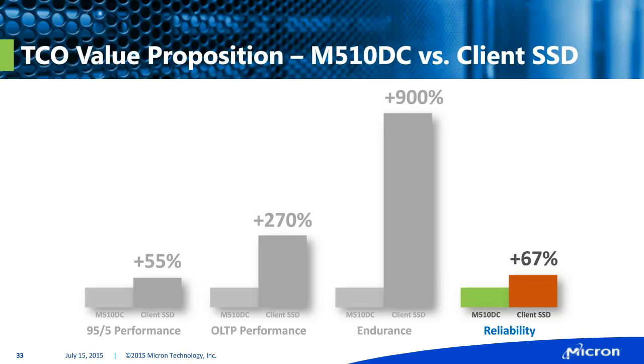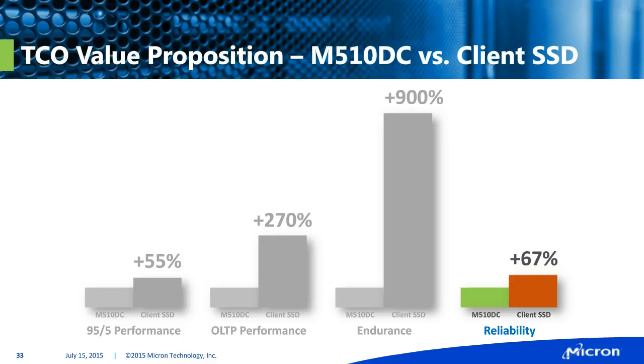The final look we have here under the TCO value prop is the metric around reliability. The M510DC, as you mentioned earlier, is going to be 67% more reliable than your industry-leading client drive.